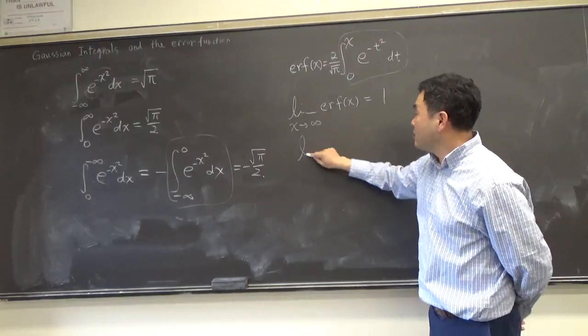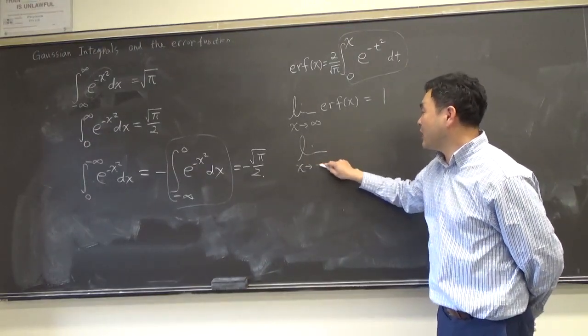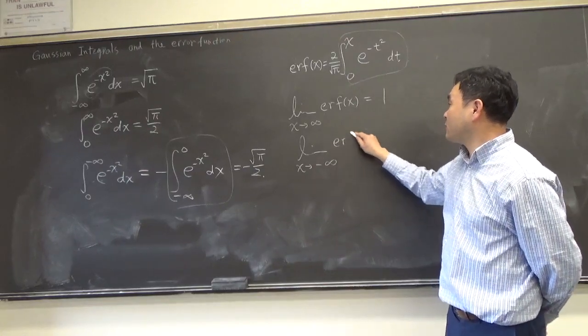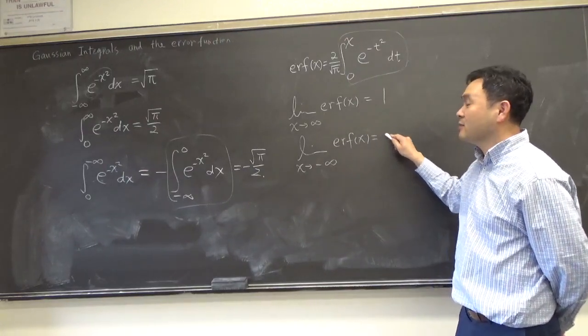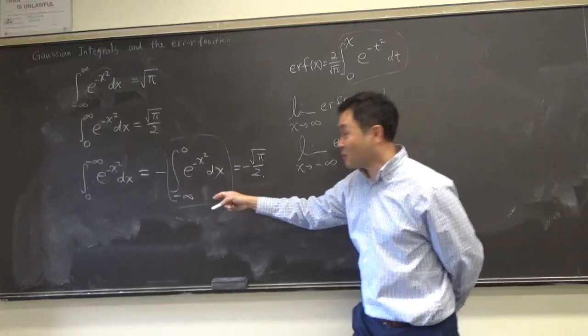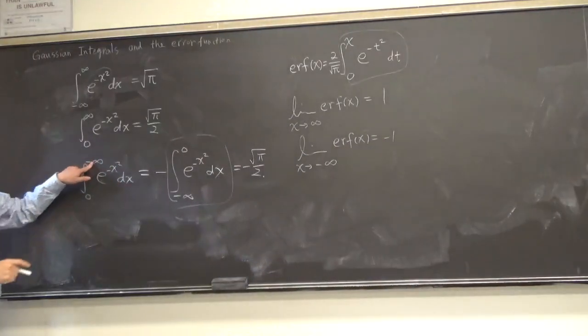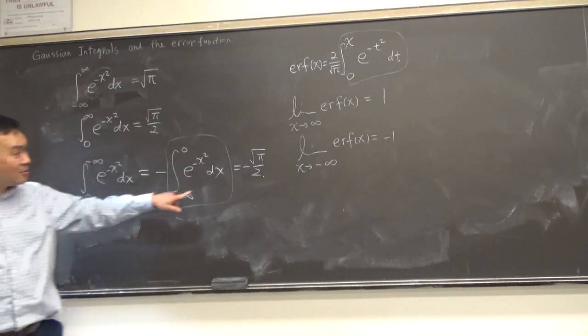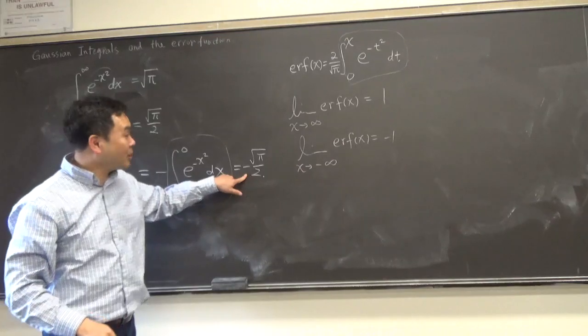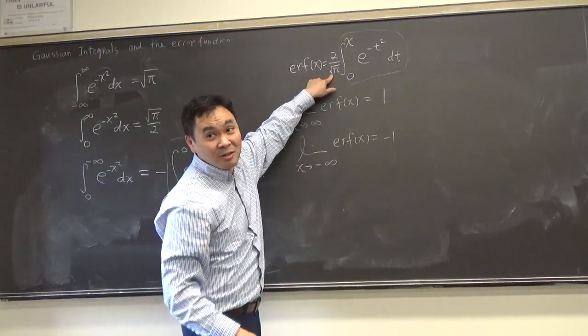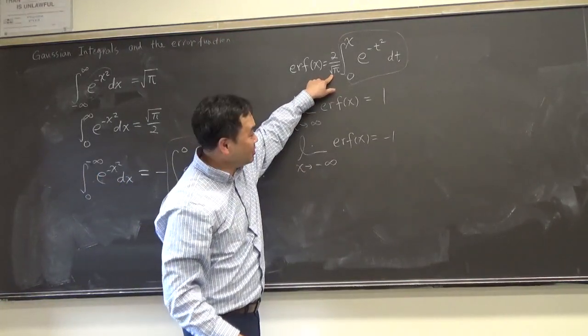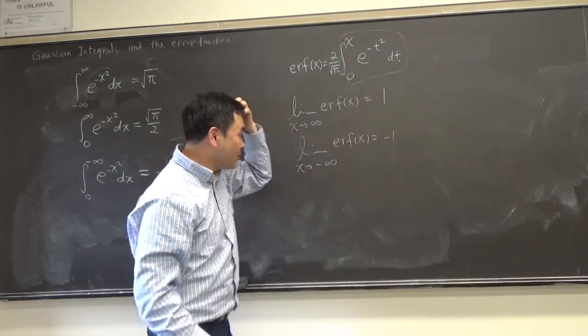What about the limit as x goes to negative infinity of erf of x? Negative 1, because if you plug in negative infinity to x, then this integral gives you negative radical pi over 2, but because of this normalization in front, it will give you negative 1.